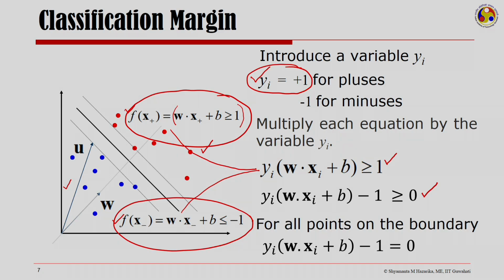And now, as a special case, if I am talking of points only on the boundary, I would rather equate this to 0. So, for all points on the boundary, what I have is yi multiplied by (w dot xi plus b) minus 1 equal to 0. So, these are points on the boundary.